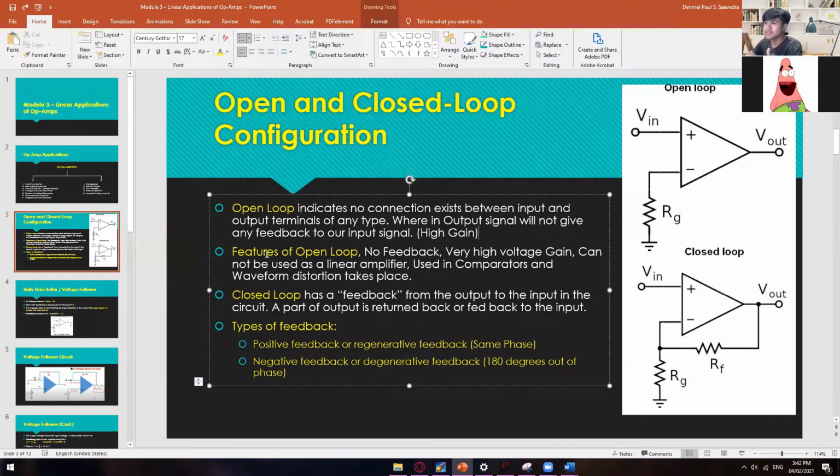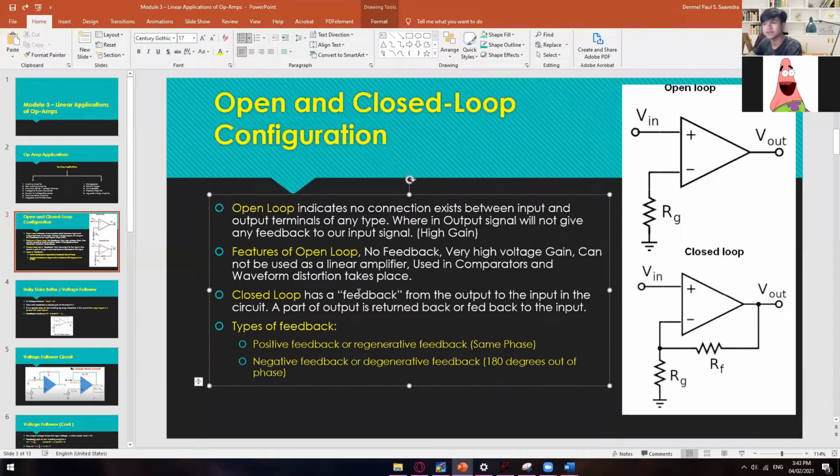Anyway, before the closed loop, we have here the features of the open loop. Again, it has no feedback and a very high voltage gain, and it cannot be used as a linear amplifier because of its super high voltage gain. This one is only used in comparators, and waveform distortions take place, because too much gain can give you too much noise at the same time.